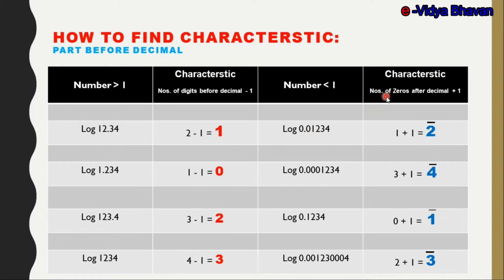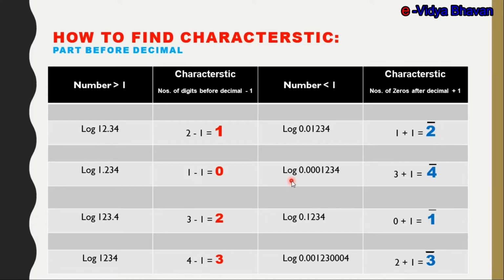Now what does the rule say? Number of zeros after the decimal plus 1. So here after the decimal immediately we have one 0. So this 1 we will write plus, as per the rule, 1, that is 1 plus 1 equals 2, and we will write 2 bar. Actually it is minus 2.